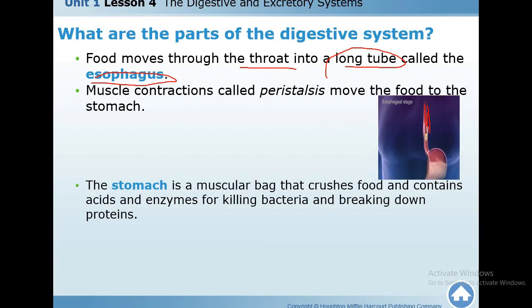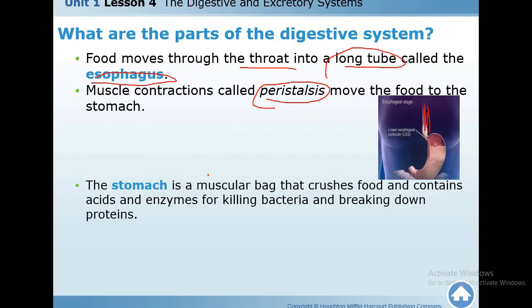Muscles of the esophagus contract. This contraction is called peristalsis. The function of this contraction is to move the food to the stomach, like in this picture.